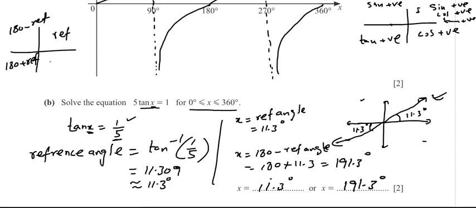In the fourth quadrant, the way to write the angle is 360 minus reference angle. Remember, whenever we have to solve any equation that has trigonometric ratios, we must use these.